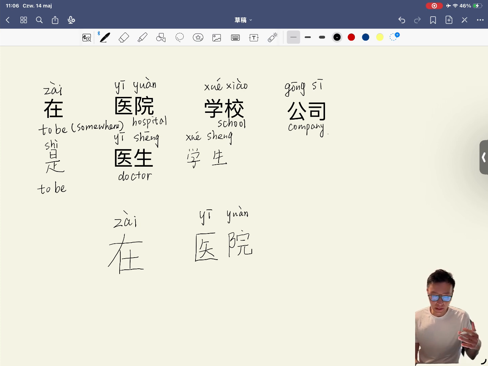Now let's write 医生. Since you already know how to write 医 and how to write 生, right? Because 医 comes from 医院 and 生 comes from 学生, then this word, it's a new word, but the characters are already known by you. So let's write them together. 医生. Okay, first let's write 医.